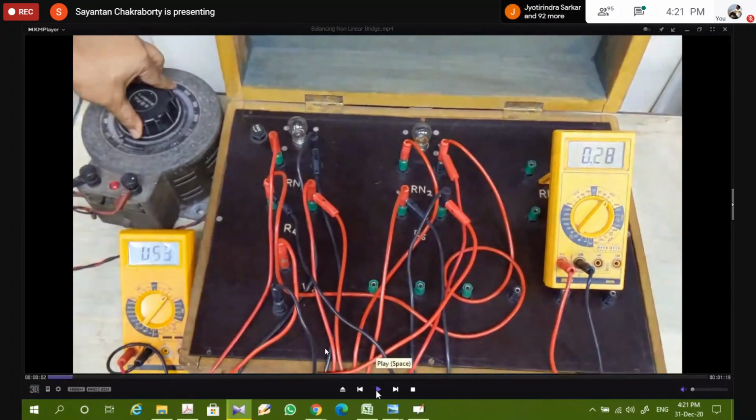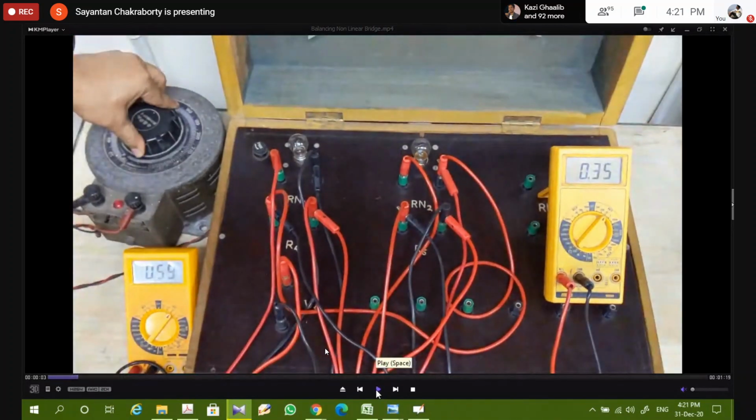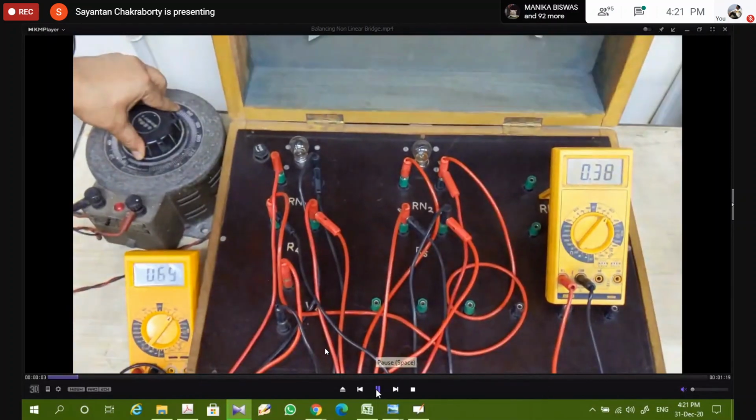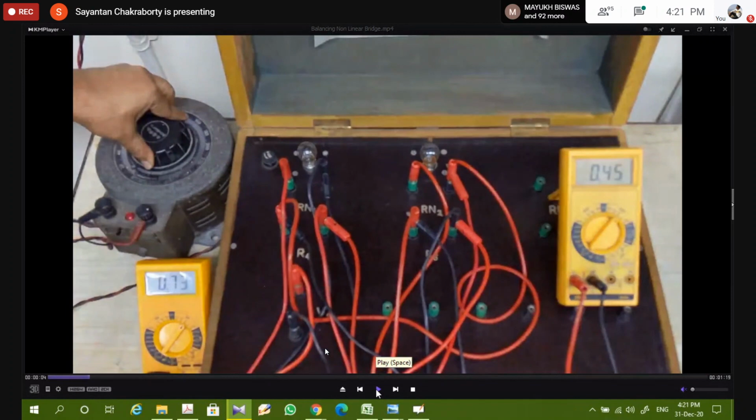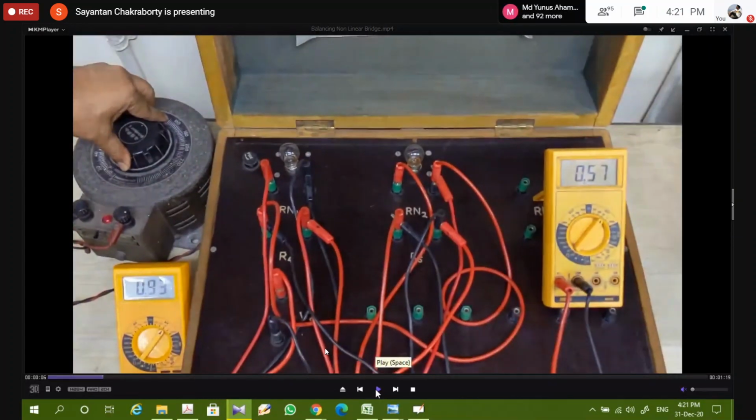See, I'm just increasing the input voltage and the output voltage is continuously increasing. 0.59, 0.35, 0.73, 0.45. Okay. See, the lamps are not yet illuminated. They are still turned off, or rather, still cold. 0.93, 0.57.